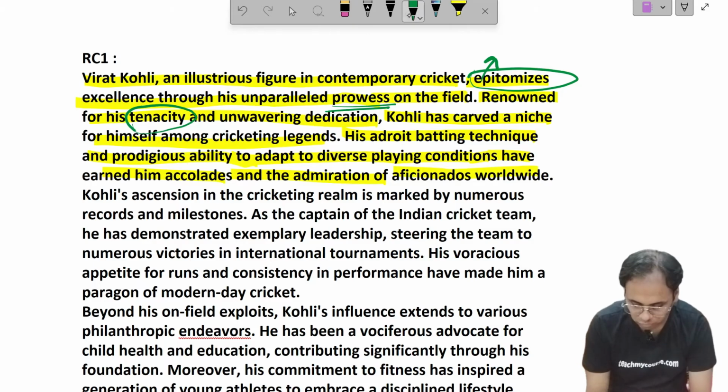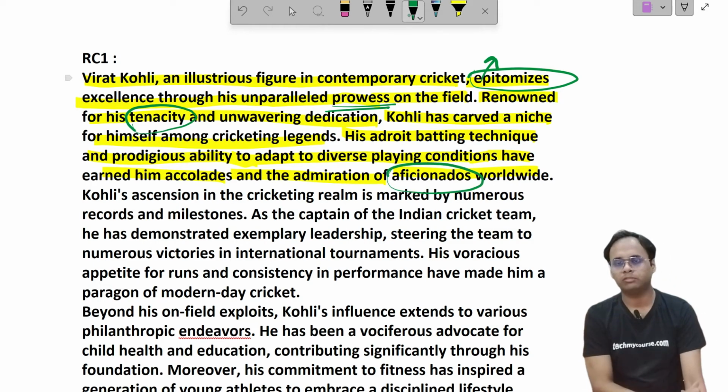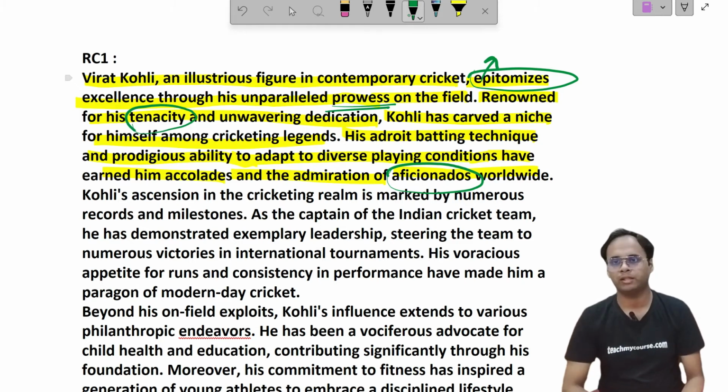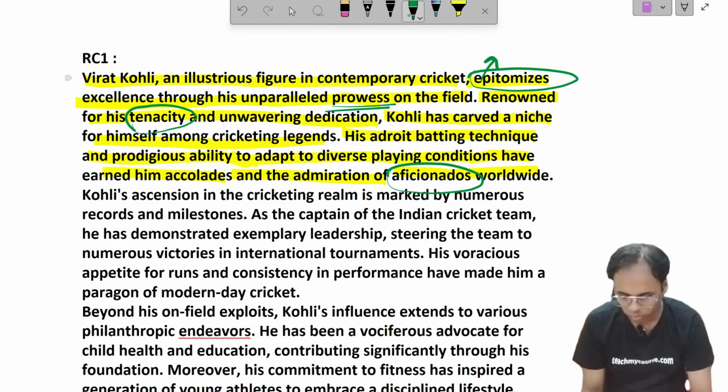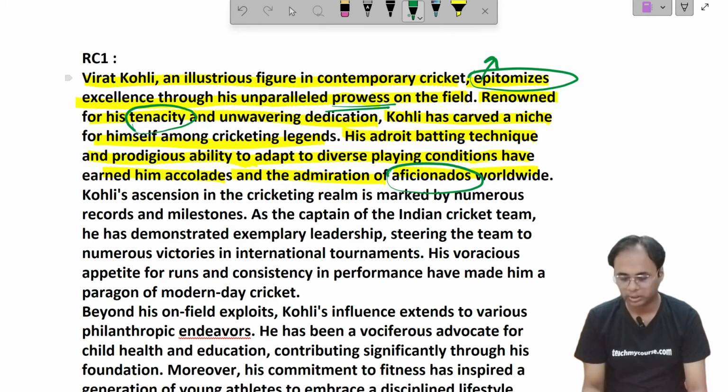So what does the word aficionados mean? It means hardcore fans who have a deep understanding. There are many hardcore fans of cricket who have very deep knowledge of cricket. So these fans are known as aficionados. So Virat Kohli has gained the admiration of aficionados worldwide.